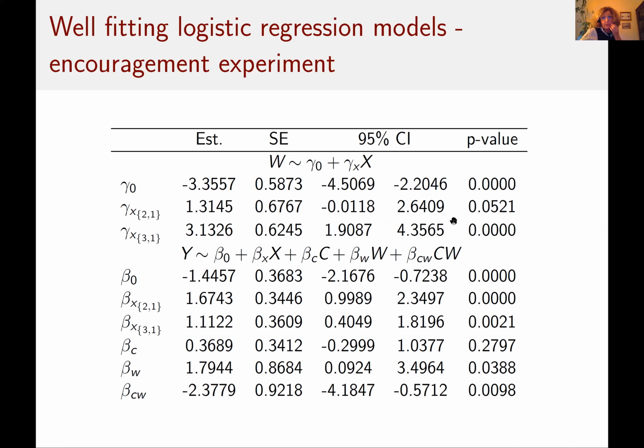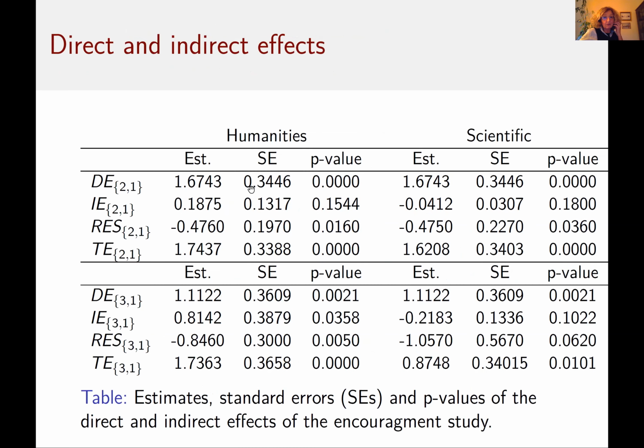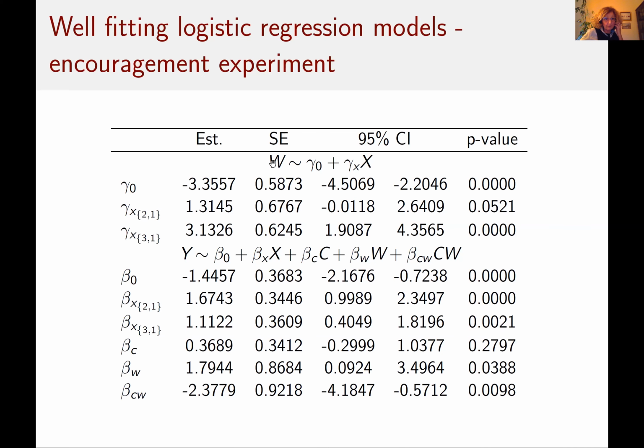And this is a well-fitting model. And also this is for performing the visit to Palazzo Vecchio, and you see there is an increasing effect in the performance in going to visit Palazzo Vecchio, with the third, the most rewarding, having the highest effect on the probability of going to visit Palazzo Vecchio.